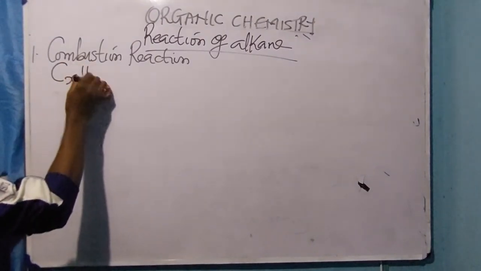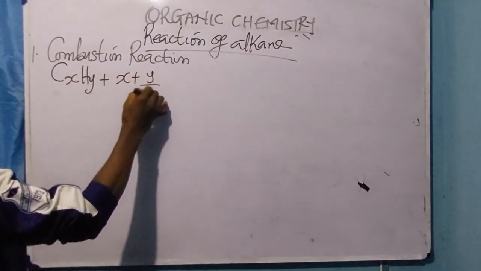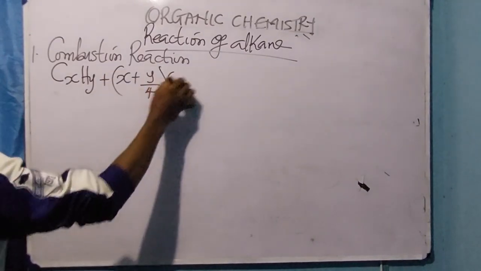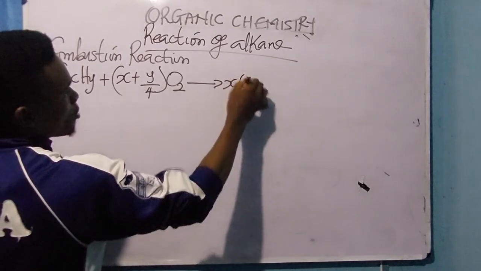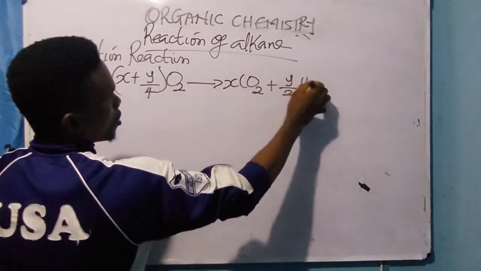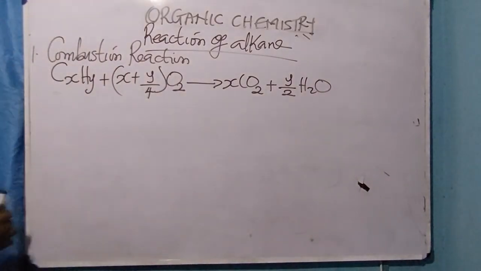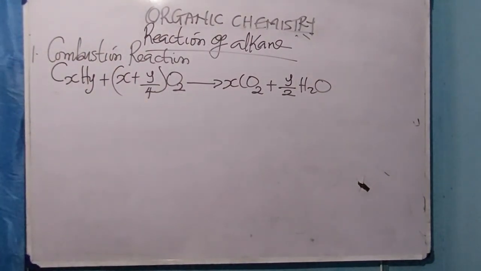CxHy plus (x + y/4) oxygen, it burns in oxygen, it liberates carbon dioxide and what? Water. Right, so this is the formula for calculating combustion reaction. It is very, very important.